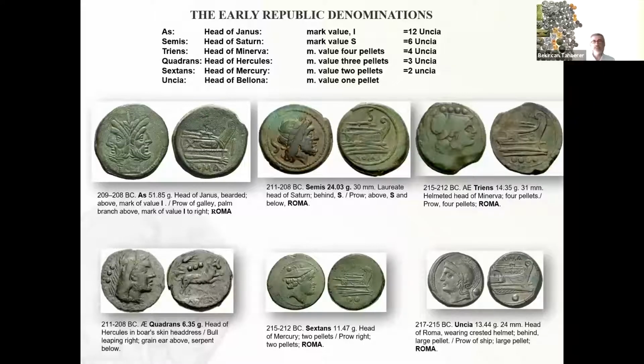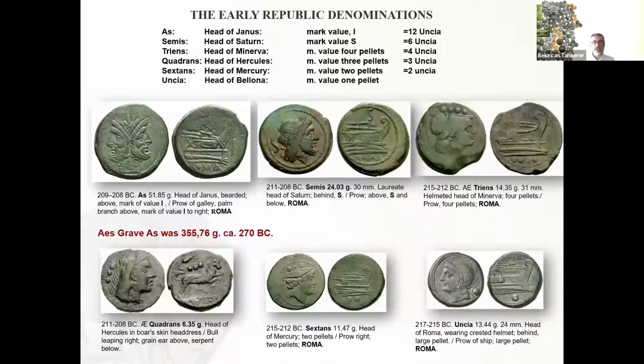And interestingly, they all had the mark of value. It is quite an elaborate system, which the other city-states or kingdoms didn't think of doing or didn't come up with the idea at that time. But the Romans did that.